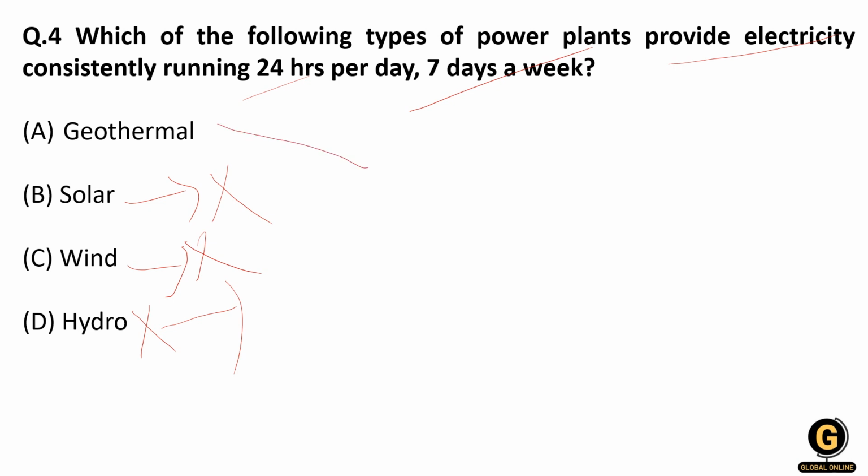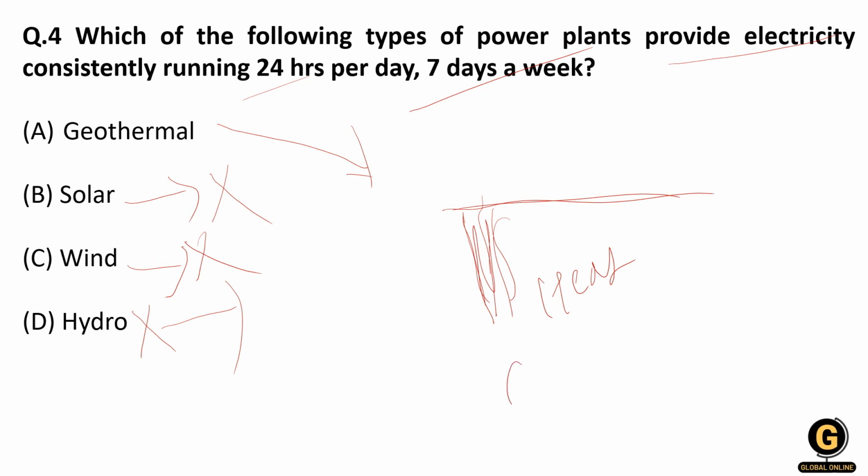But geothermal energy, so what is geothermal energy? It is the energy derived from the earth's subsurface. So remember, this is the earth, and whatever heat is in the earth's crust, from this heat the energy is derived, and it is used for heating, cooling, or generating electricity. That we call geothermal energy generation, or geothermal electricity generation.